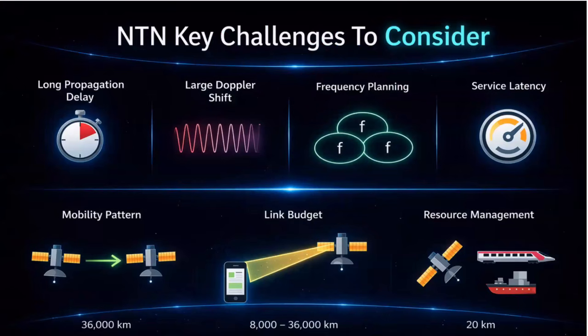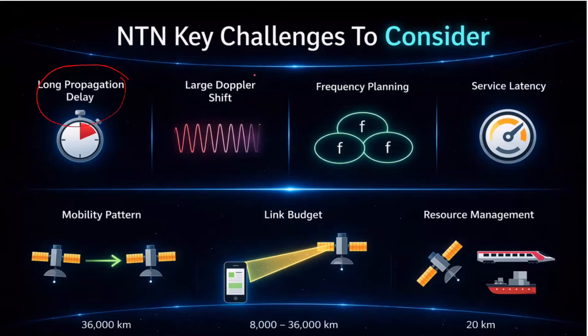First one is long propagation delay. Since satellites operate at a very high altitude, especially GEO, the signal has to travel a long distance between the user and the satellite. So this results in higher latency compared to terrestrial networks. This delay impacts real-time services like voice, gaming, and interactive applications.